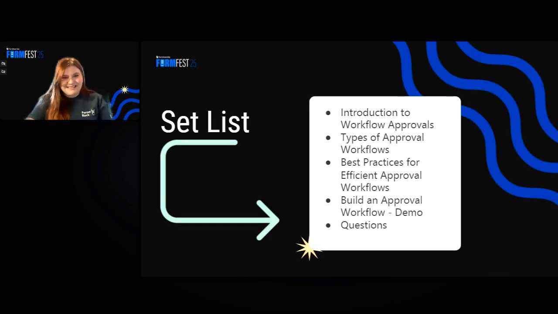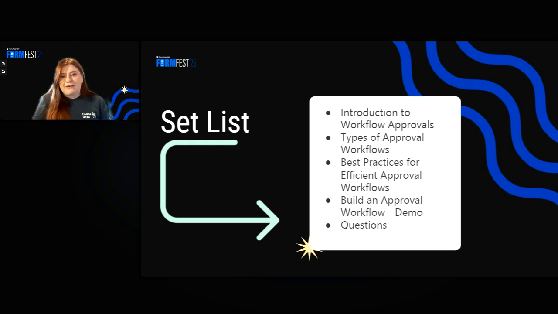So let's get into today's session. I'm excited to dive into some of the more advanced ways you can build and manage approval workflows specifically in FormAssembly. We'll start with a quick refresher on what workflow approvals are and why they matter, but don't worry, we're not staying in the basics for too long. We'll then get into different types of approval workflows, such as linear, conditional, first responder, consensus, and escalating, and when each structure makes the most sense in your FormAssembly workflow.